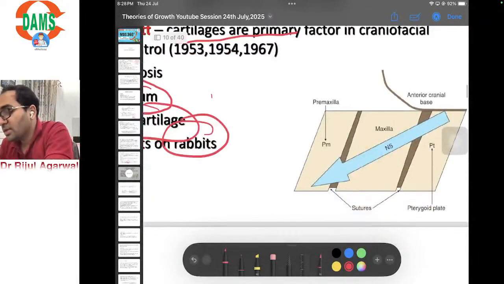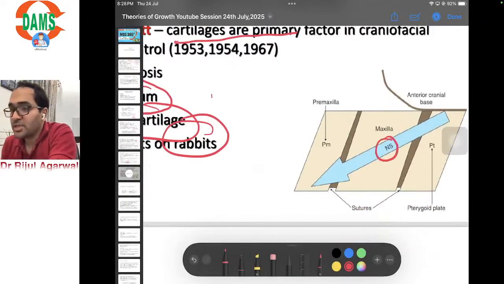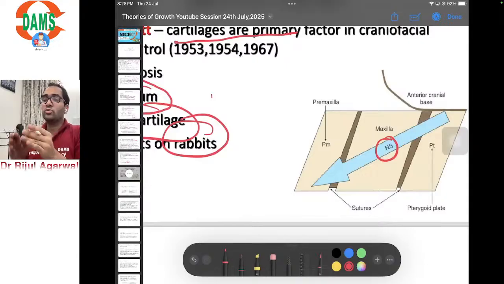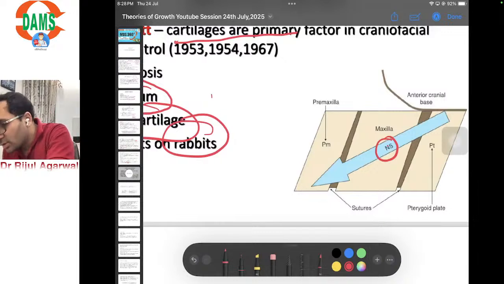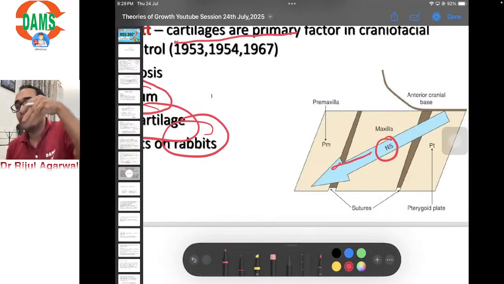this is the nasal, NS stands for nasal septal cartilage. So nasal septal cartilage, जैसे sutural dominance में क्या हो रहा था, sutures की growth होती थी, pushes the surrounding structure, and passive growth used to occur in the surroundings. Here a similar thing, the nasal septal cartilage is growing, which pushes in the downward direction and leads to the downward and forward movement of the midface region.